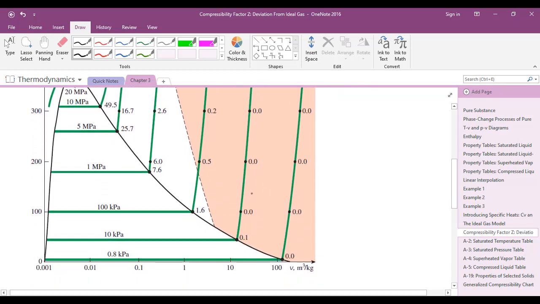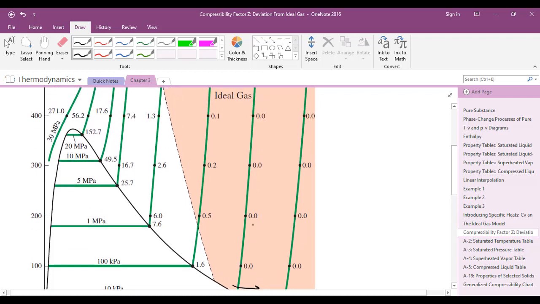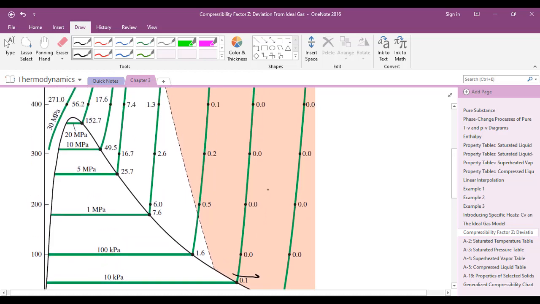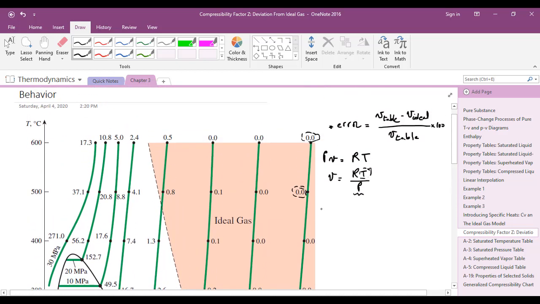We can notice, for example, at very low pressure, at a pressure less than 10 kilopascal, we have good accuracy, approximately less than 0.1%, regardless of the temperature.